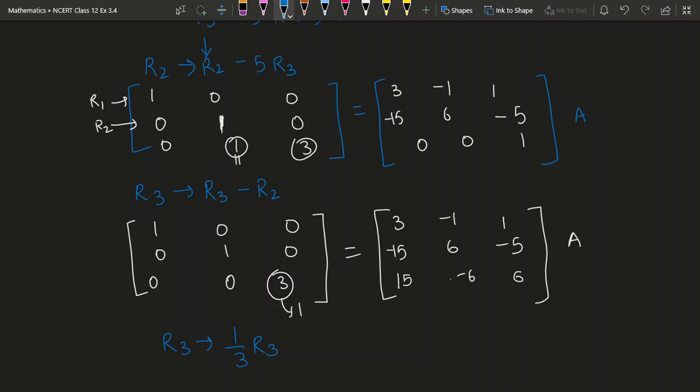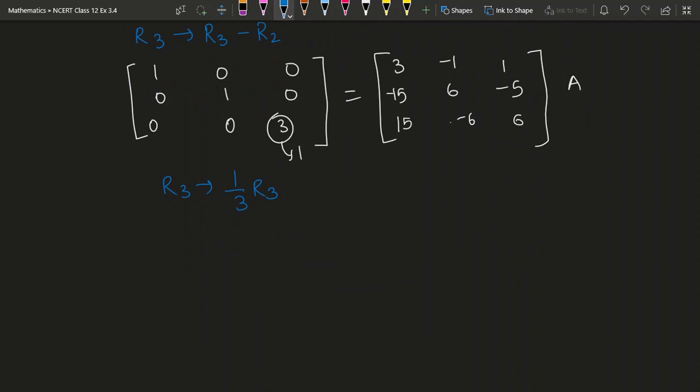So R3 you will convert into 1 over 3 times R3. You're dividing the entire row by the number 3. You write the first and second row untouched.